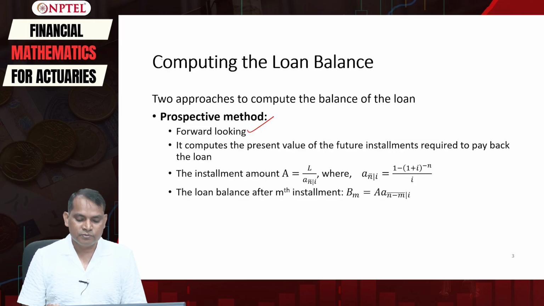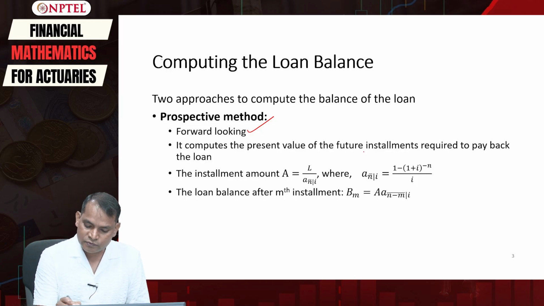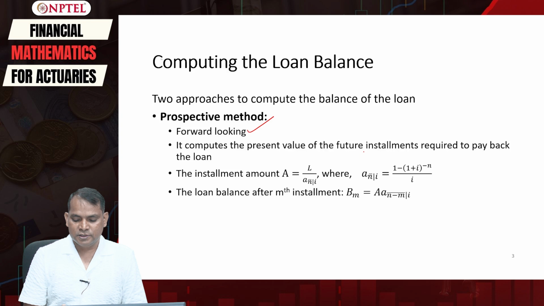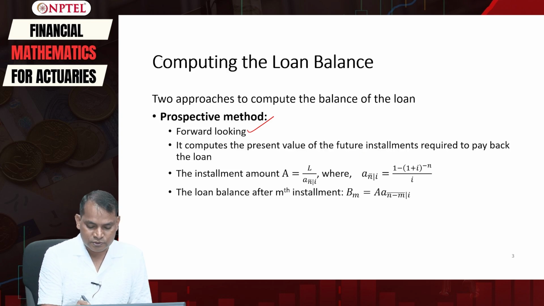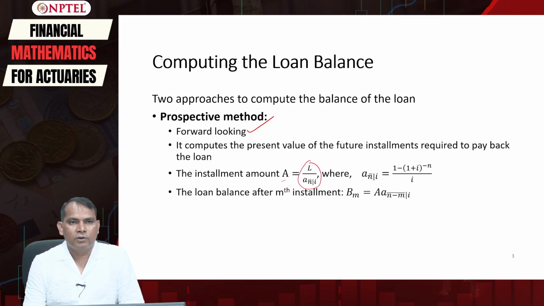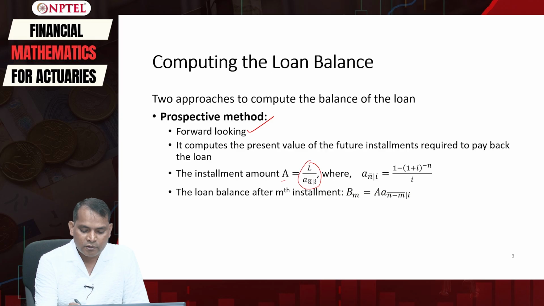The installment amount, known as A, can be computed as L upon the present value factor given n and i, L being the initial loan balance.